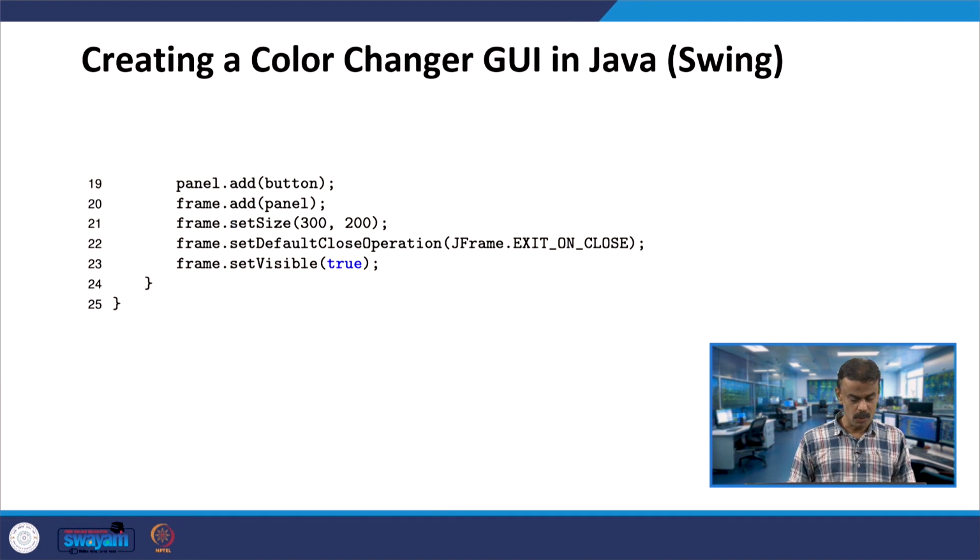So, now the panel is invoking add button like exactly the previous program, and then frame is invoking add panel, and frame is invoking setSize, 200 is height and 300 is width. Then once you are seeing, the visibility setVisible you are passing true. So, you have a setDefaultCloseOperation in line number 22 and then the visibility.